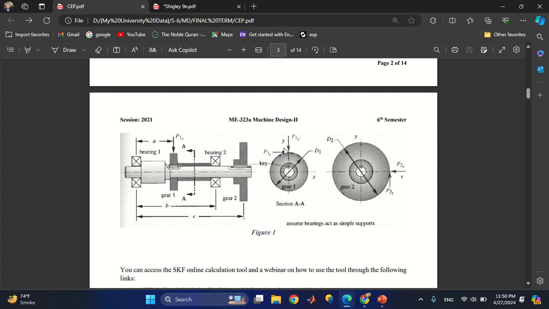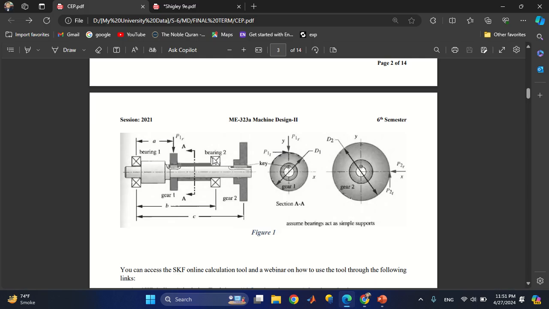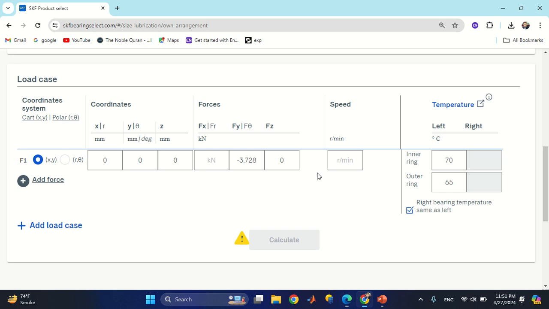My value was 3.728, so I'm putting it in as minus 3.728. The tangential component of the force on gear 1 is in the positive x direction.